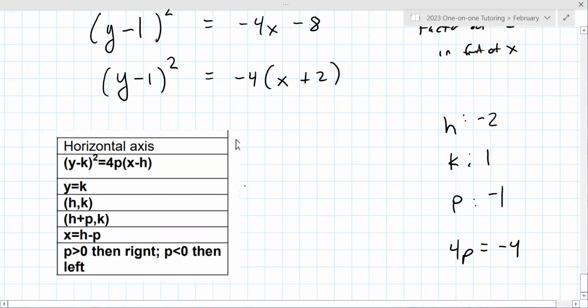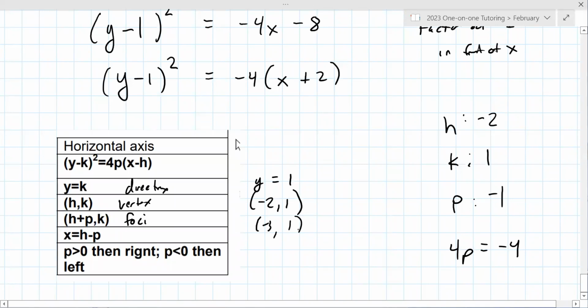So the vertex here is (-2, 1). Okay. The directrix is y equals 1. And then the foci, h plus p comma k. So we got (-3, 1) like that.